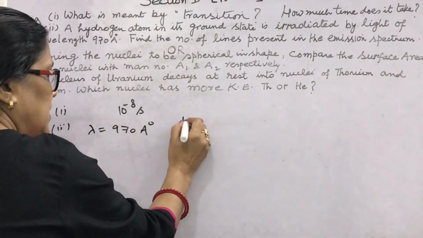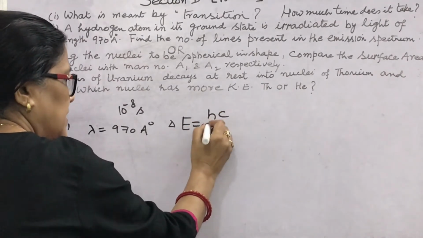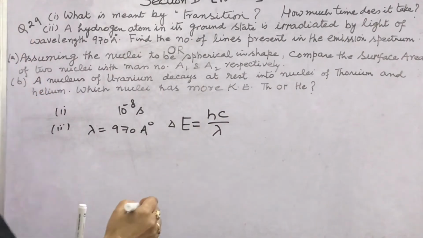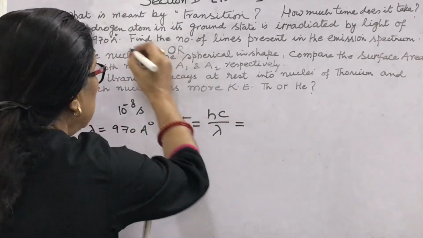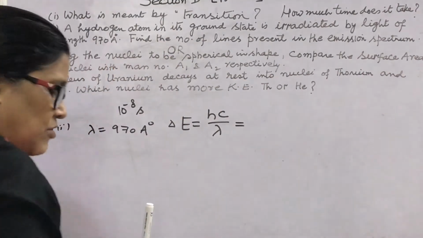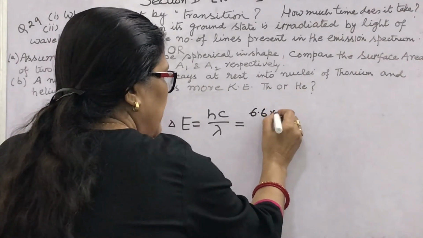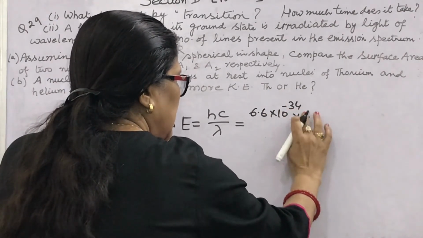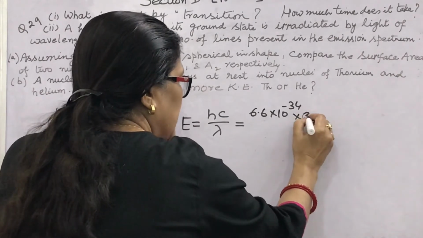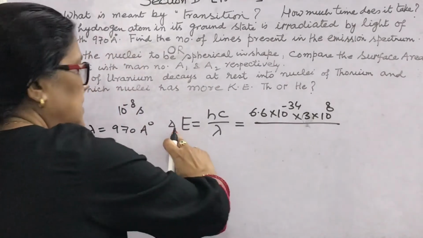What is the change of energy from one energy level to another? Its formula is given by hc by lambda. When the hydrogen atom is irradiated with this lambda, how much is the energy change? You can write the values of Planck's constant and c, that is 3 into 10 to the power 8. You have to convert this energy into eV.